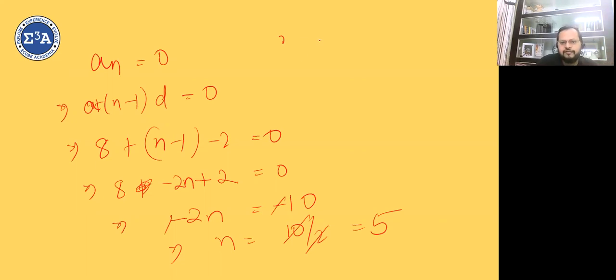So a fifth is the answer. a fifth term is equal to 0. I hope that is clear.